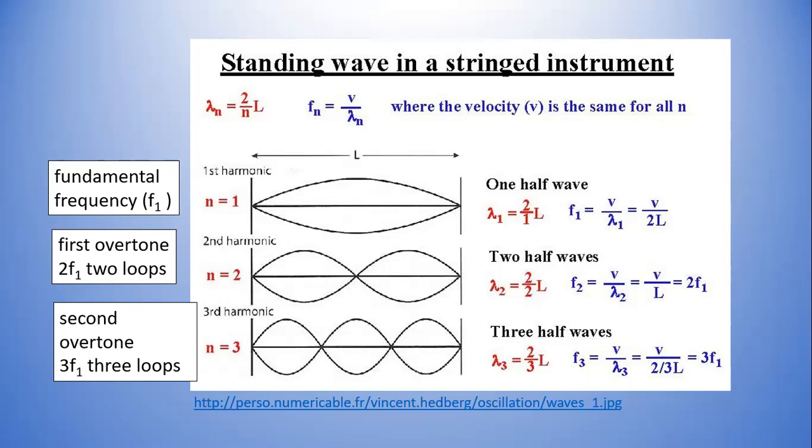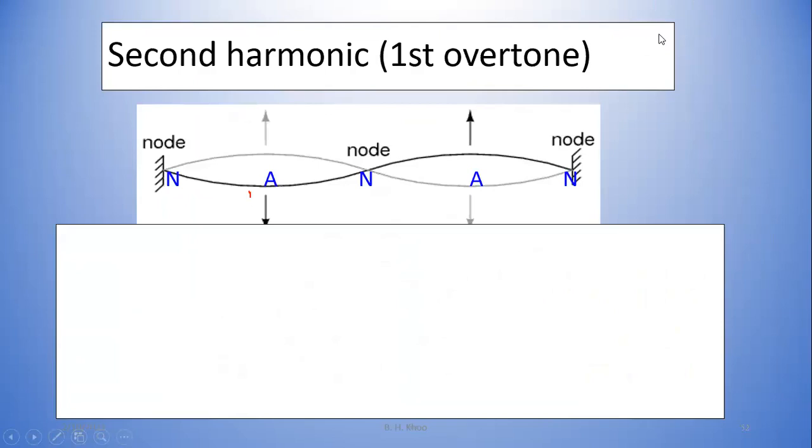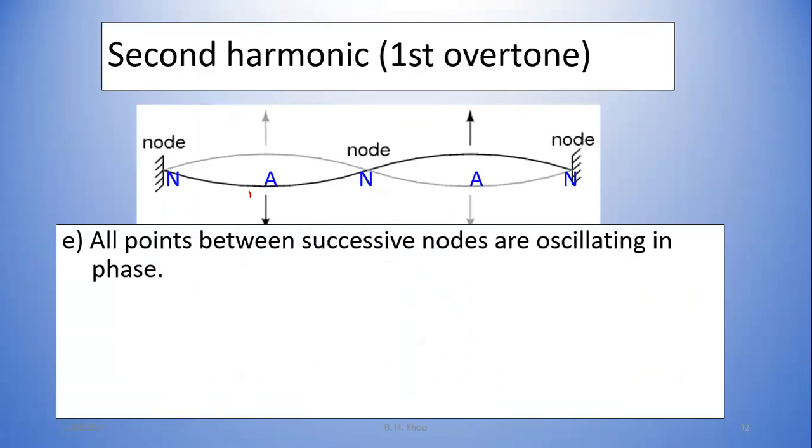Any questions so far? Okay, if not, let's carry on. Second harmonic or first overtone, let's just look at that. Make sure you know how to identify where's the node and antinode. N is for node, A is for antinode. All points between successive nodes are oscillating in phase.